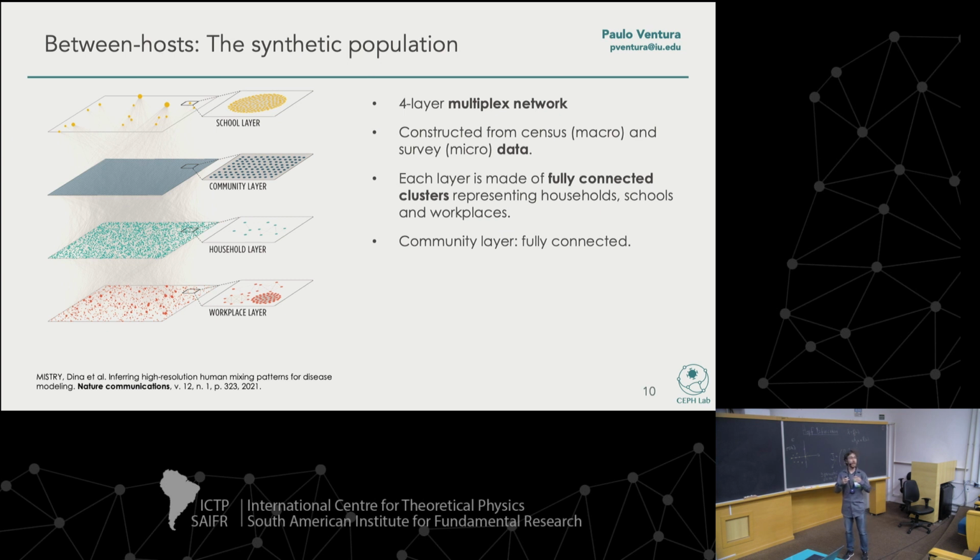Each layer is made of fully connected clusters. Imagine one household as a full graph of n people. Those graphs are disconnected in this layer, but people can be connected in other layers, like workplaces and schools. And the community layer is a special one, it's everything else. Since we don't have exact knowledge on how it works, it's just an all-to-all fully connected graph.